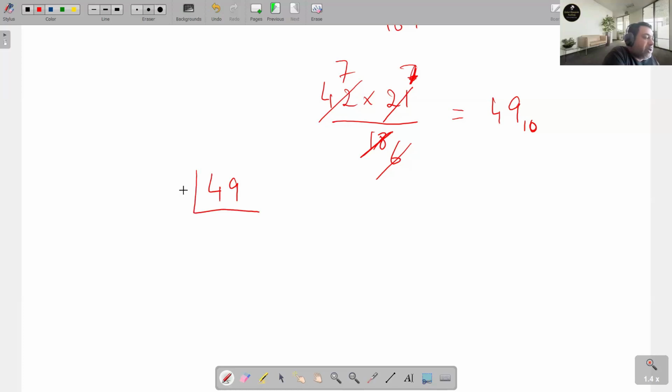So we have to divide this by 2. What do we get here? We get 24 and remainder is 1.